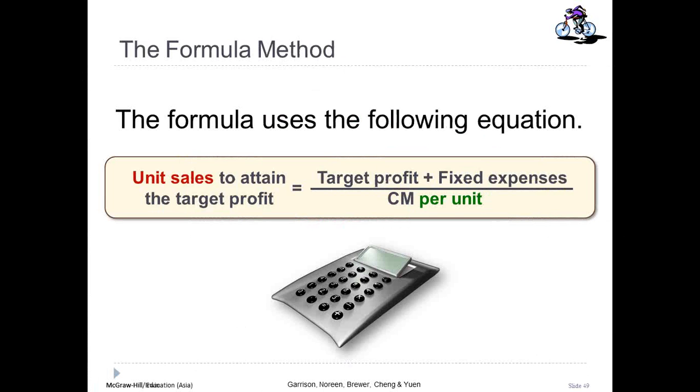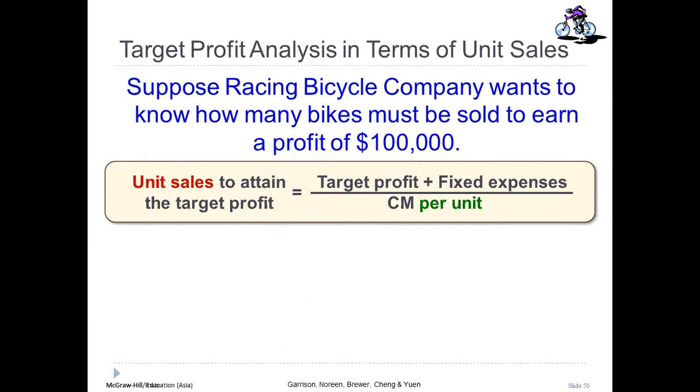And here is the equation. Unit sales that we need to attain a target profit equals the target profit plus the fixed expenses divided by the contribution margin per unit. So we want to earn $100,000 in profit.